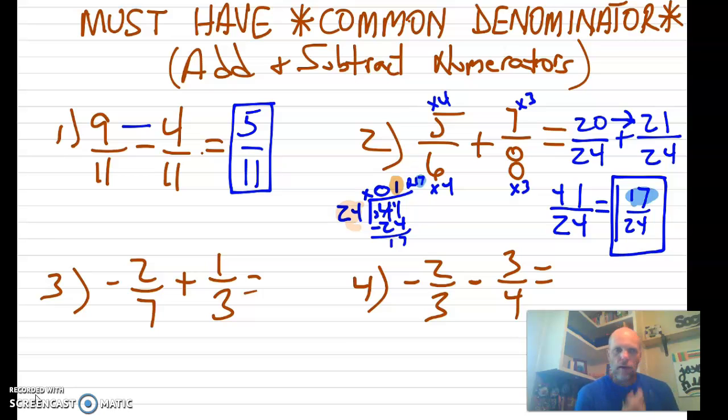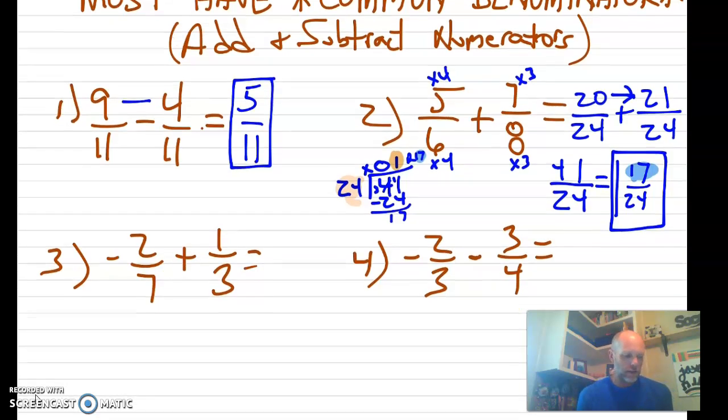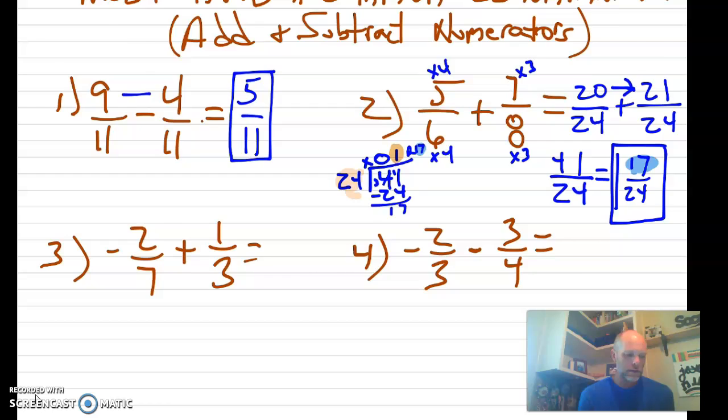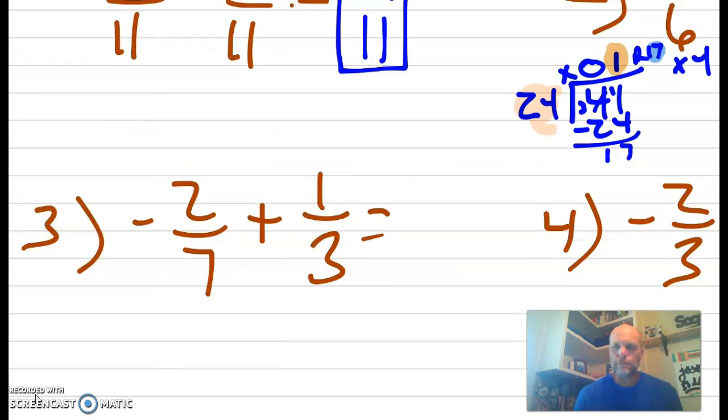Okay. Then number 3, you are going to have negatives in your fractions as well. It is possible. But don't worry about that negative right now. Let's think about our denominator first. Okay. If we skip count by 3, we get 3, 6, 9, 12, 15, 18, 21.